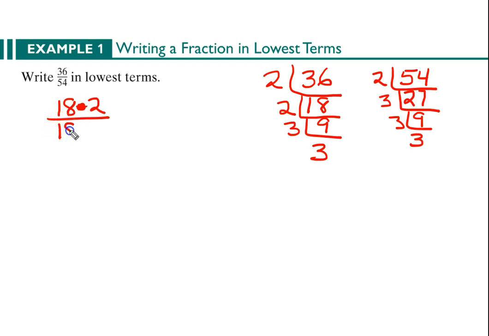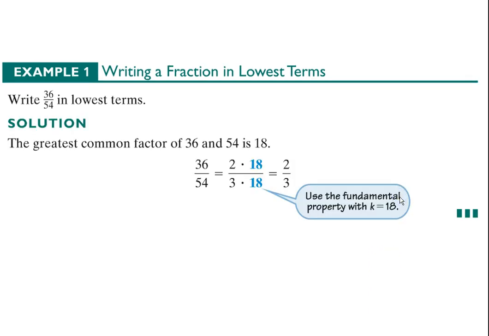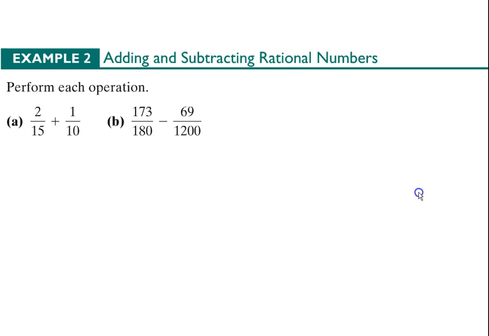And this is going to be 18 times 3. Now, there's other ways to do it, too. But now your 18 over 18 cancel out and give you a 1. So the answer for this one is 2/3. And there you go.